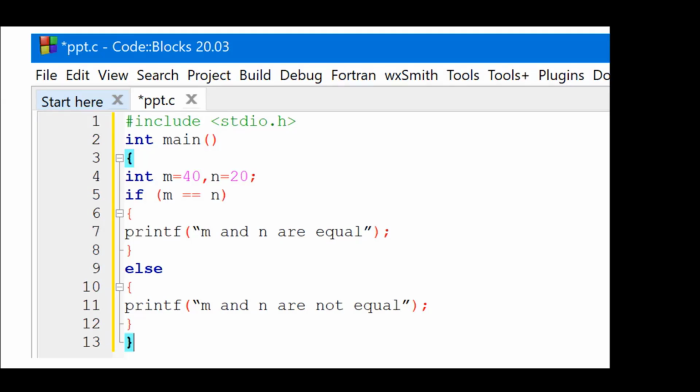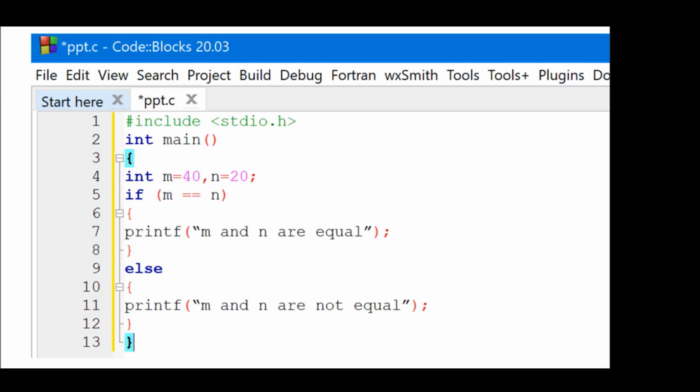That is decision control statements, looping control statements, and then jump or jumping control statements, which we'll look at in chapter 4 in details.